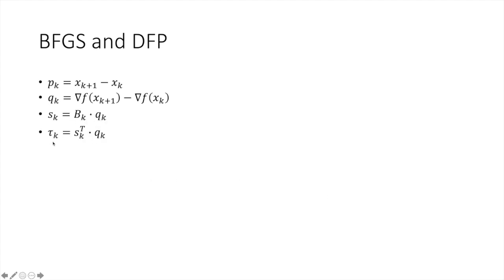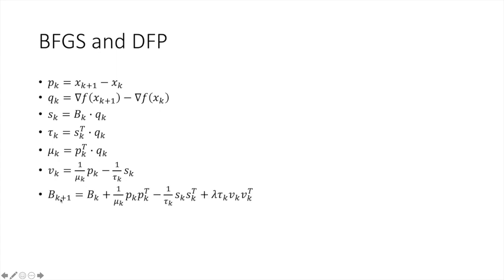So how do these algorithms look? p_k and q_k are defined as before. s_k is b_k multiplied by q_k, tau_k is s_k transpose multiplied by q_k, mu_k is p_k transpose multiplied by q_k, and v_k is 1 over mu_k multiplied by p_k minus 1 over tau_k multiplied by s_k. So the update would look like b_(k+1) equals b_k plus 1 over mu_k p_k p_k transpose minus 1 over tau_k s_k s_k transpose plus lambda multiplied by tau_k v_k v_k transpose.